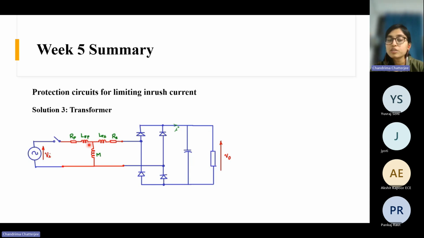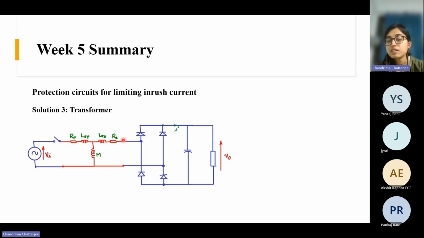So all these components basically limit the inrush current. There is resistance also, there is inductance also. And the current will be what? The voltage, we know, is L di by dt. So based on this leakage reactance value, your current will build up in the circuit.